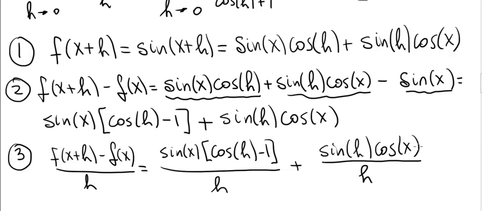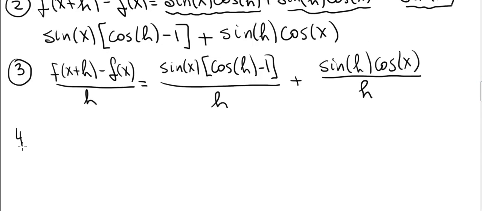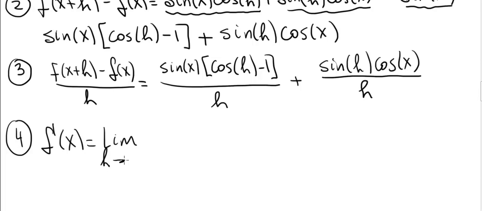There's nothing we can do here to simplify, and we should go to step 4. Step 4 is the computation of the derivative. F prime is the limit h going to 0, f of x plus h minus f of x divided by h. So in our case, this will be two limits.